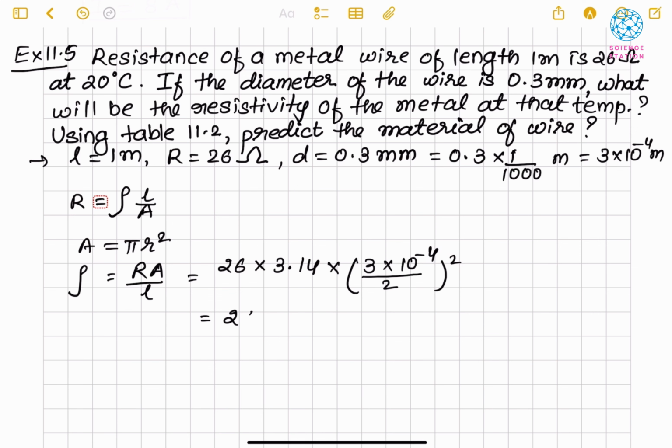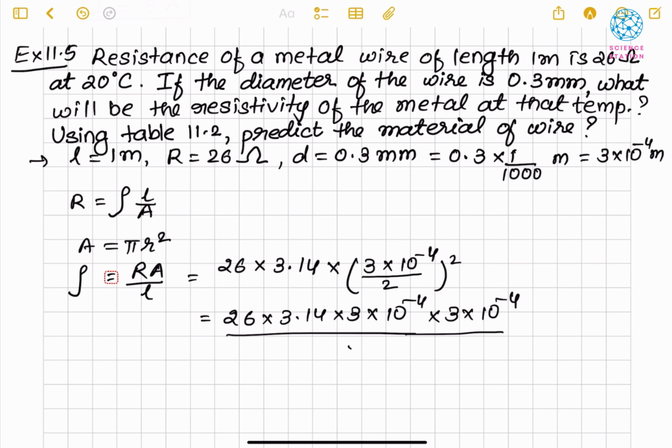So that is coming as 26 into 3.14 into 3 into 10 raised to minus 4 into 3 into 10 raised to minus 4 whole upon 2 into 2. So if I cancel that out, I am getting 13 into 1.57 into 3 into 3 into 10 raised to minus 8.